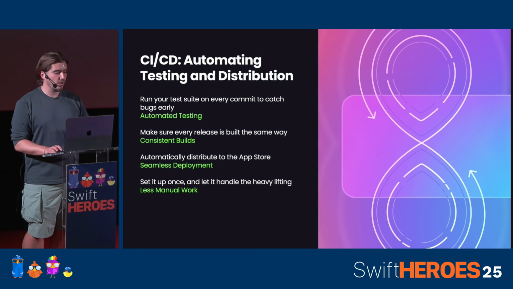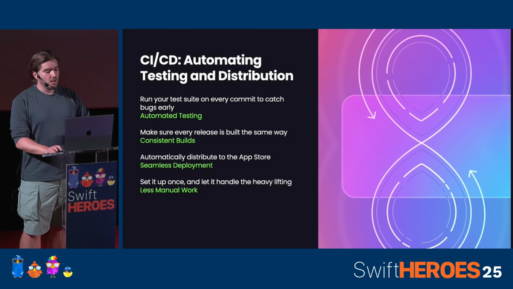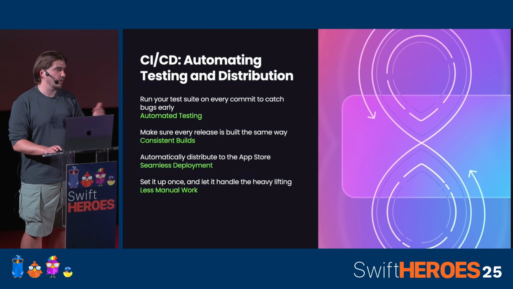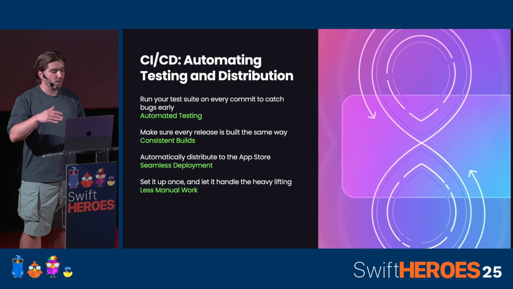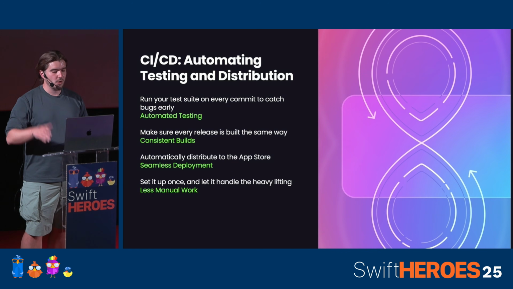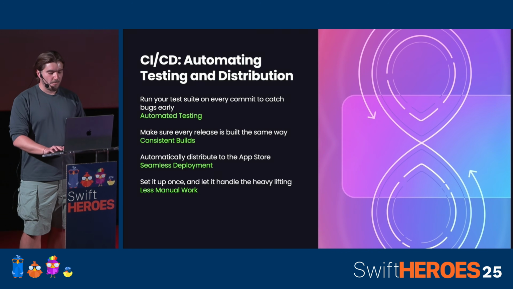And of course, there are plenty of different platforms out there, Bitrise or GitHub Actions or Codemagic, and they all work in a similar way. So usually you have a YAML file where you define your workflows, and then the machines use these workflows to test or release your app.